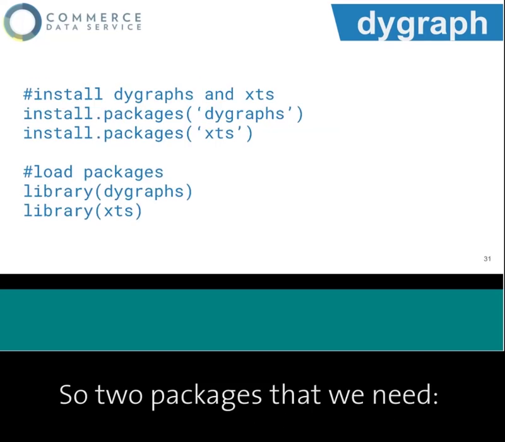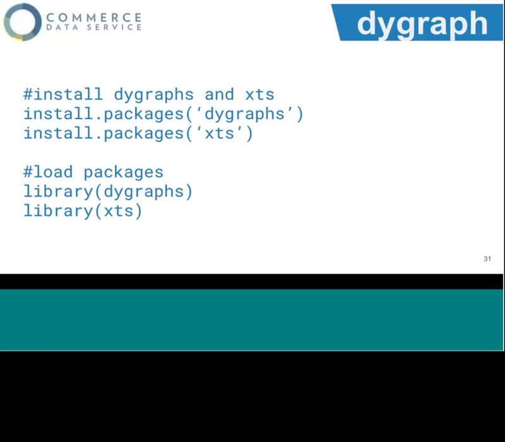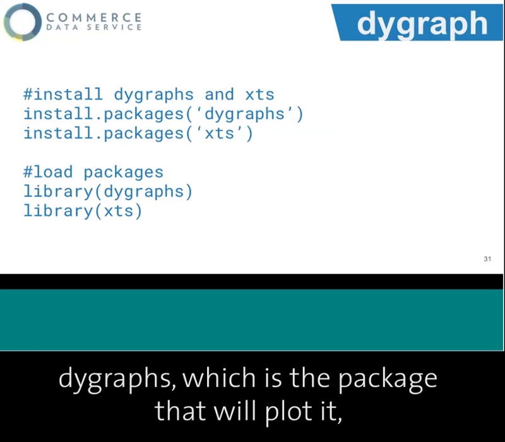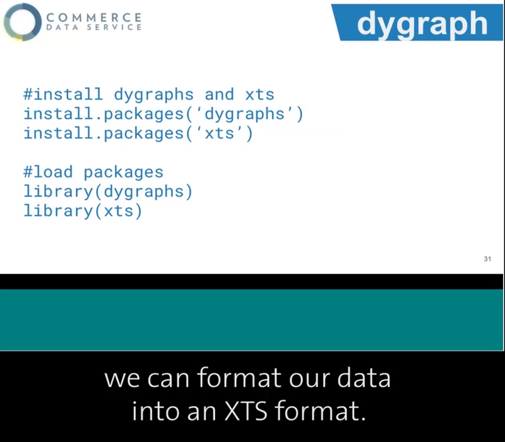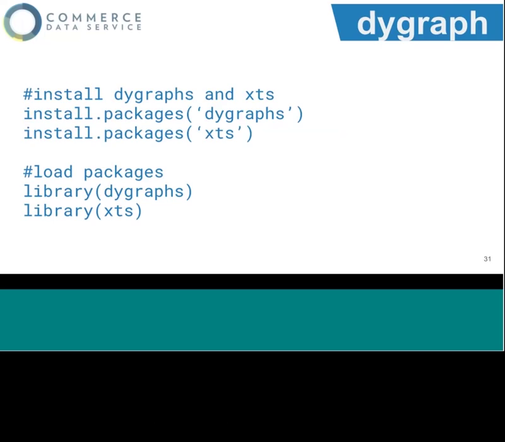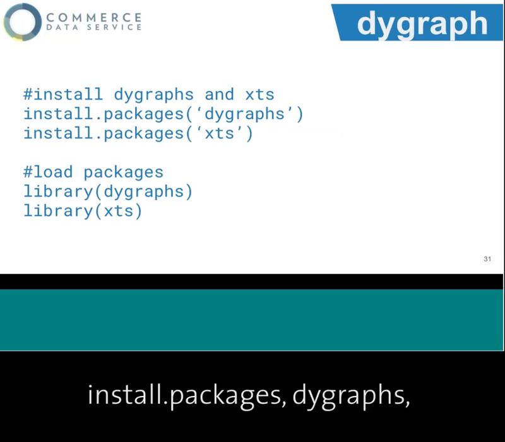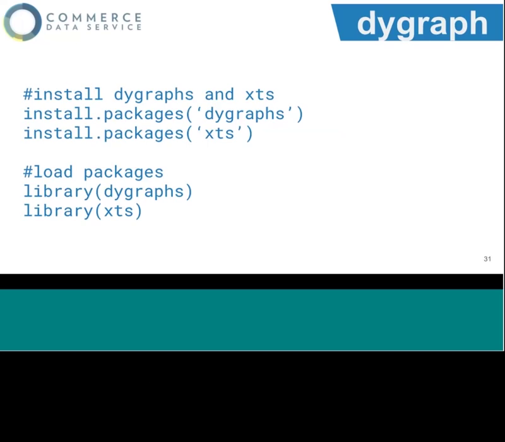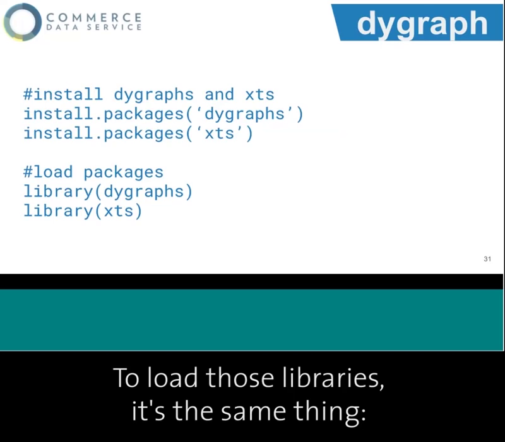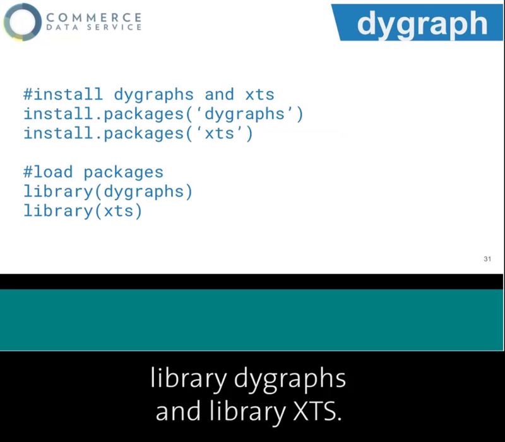So two packages that we need: dygraphs, which is the package that will plot it, and xts to make sure we can format our data into an xts format. The commands to install those are install.packages dygraphs and install.packages xts. To load those libraries, the same thing: library dygraphs and library xts.